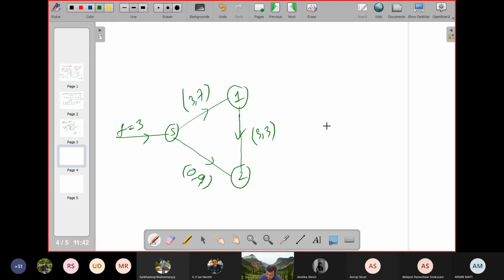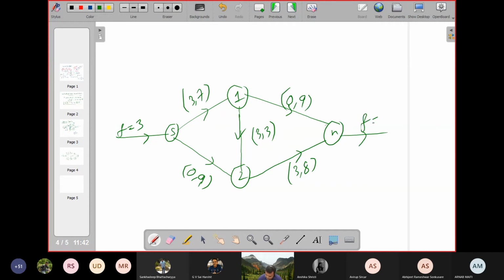And here it has become 3, 8, and here it is the same, 0, 9. F equal to 3. So this is the revised graph. Another corner point, BFS, where F equal to 3.